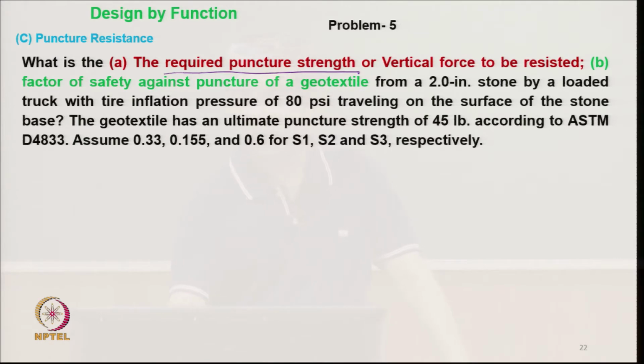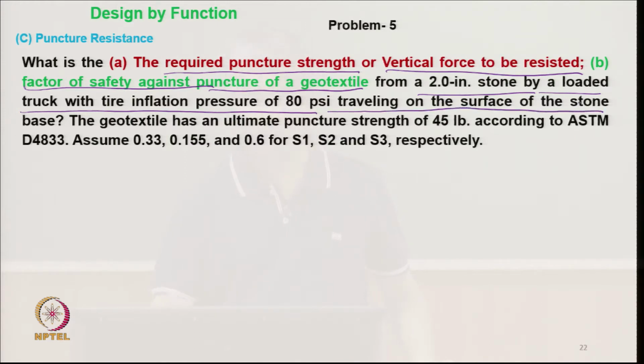Let us calculate the required puncture strength or vertical force to be resisted, and the factor of safety against puncture of the geotextile from a 2-inch stone by a loaded truck with tire inflation pressure of 80 psi travelling on the surface of a stone base. So, what we have to calculate is the puncture resistance and the factor of safety, with the given dimension of stone and tire inflation pressure.